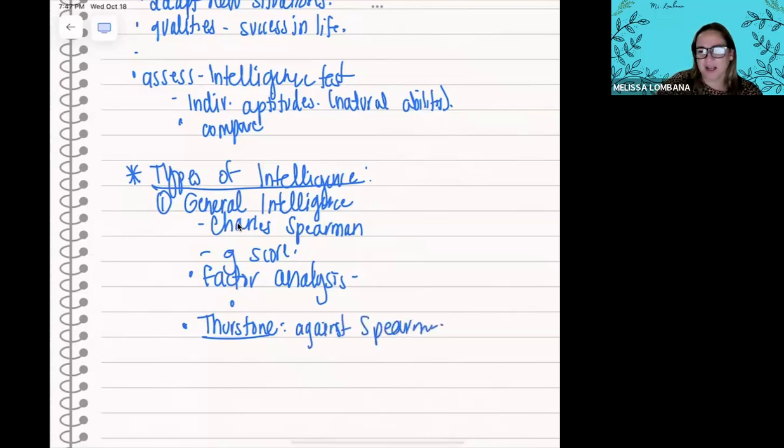Okay, just a little bit, he kind of continued Spearman's work, and he basically is saying that there needs to be more than just a few tests, right? So he called it the multi-factor theory, and that there needs to be different factors that compose your intelligence. It's not just general information that you know, it's a little bit more.